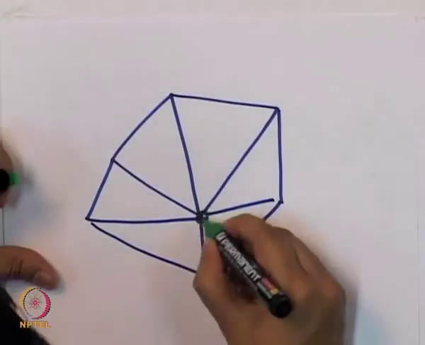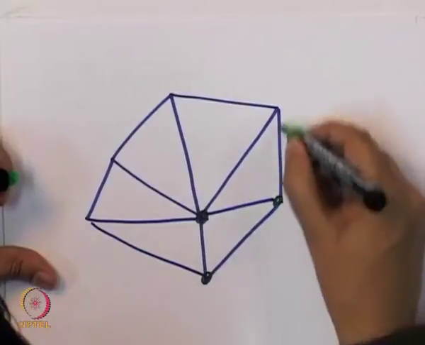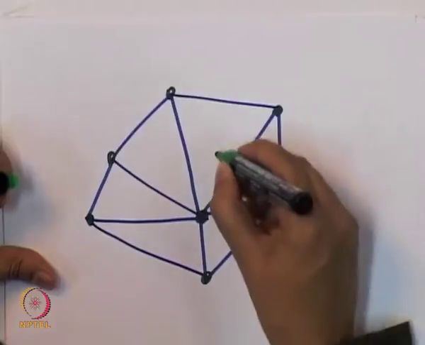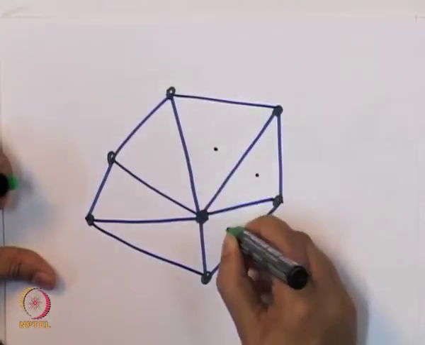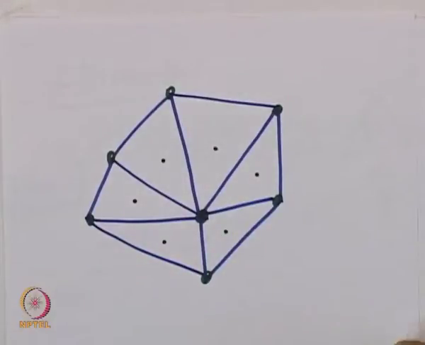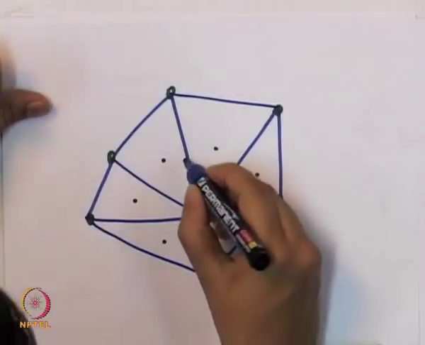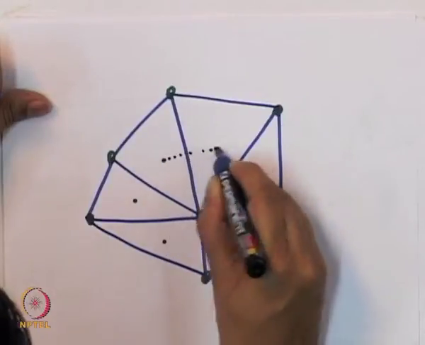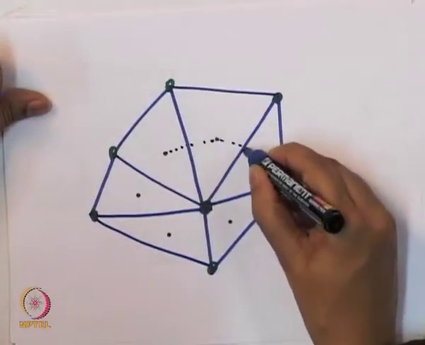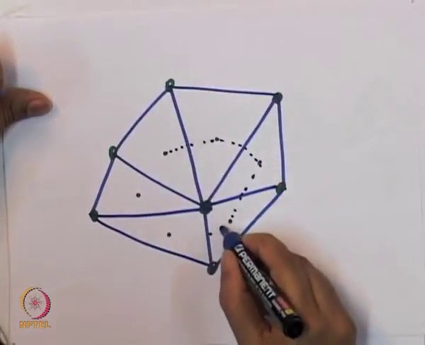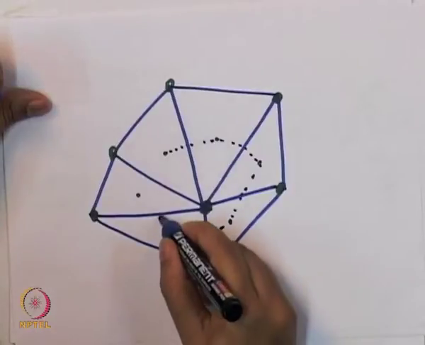Assuming that these are the node points like before, and we are interested in the barycenters, let us say these are the barycenters. So we are talking about the barycenter to the face center, the line connecting the barycenter to the face center or the edge center. In 2 dimension we are talking about the edge center.